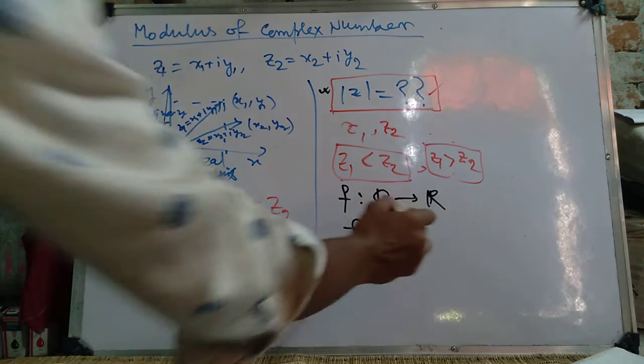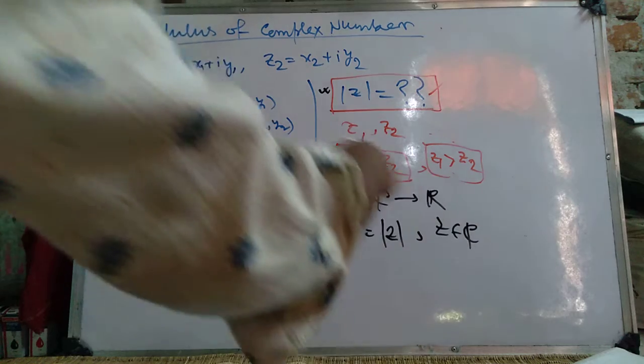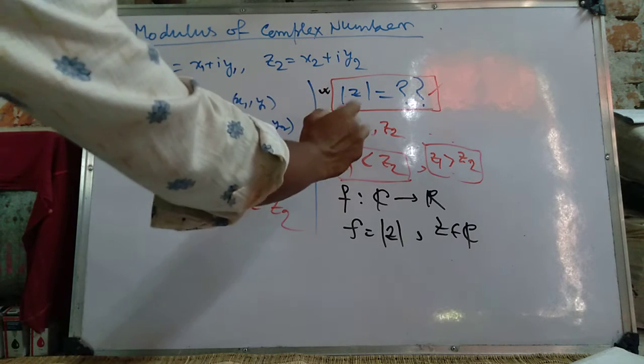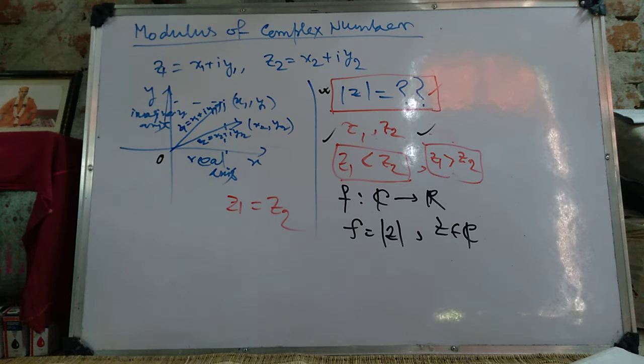That means if z belongs to the complex numbers, then modulus of z is a real number, and real numbers are comparable. We can say which is greater, which is smaller; less than, greater than and equal are all possible in real numbers. That is why we talk about the modulus of a complex number.